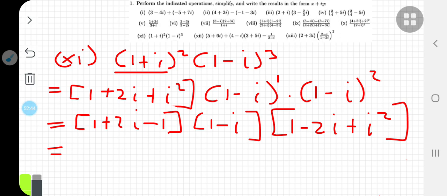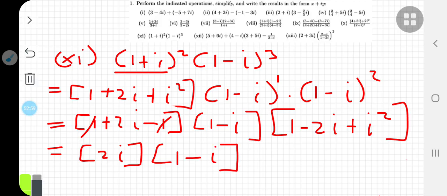So from here, this one and this one go. I'm just going to remain with 2i multiplied with 1 minus i there. Then this is just going to be 1 minus 2i there, then minus 1. So this and this go.